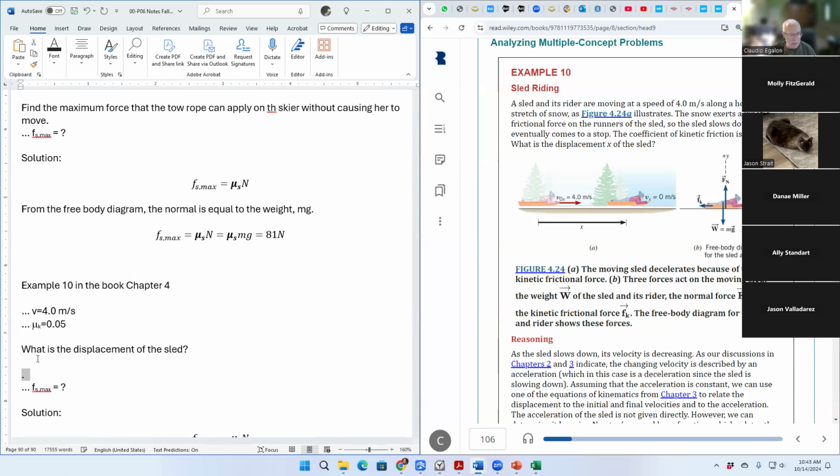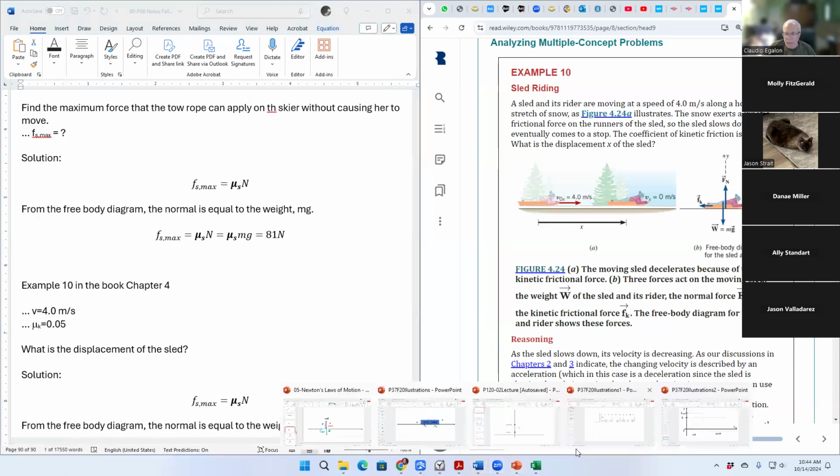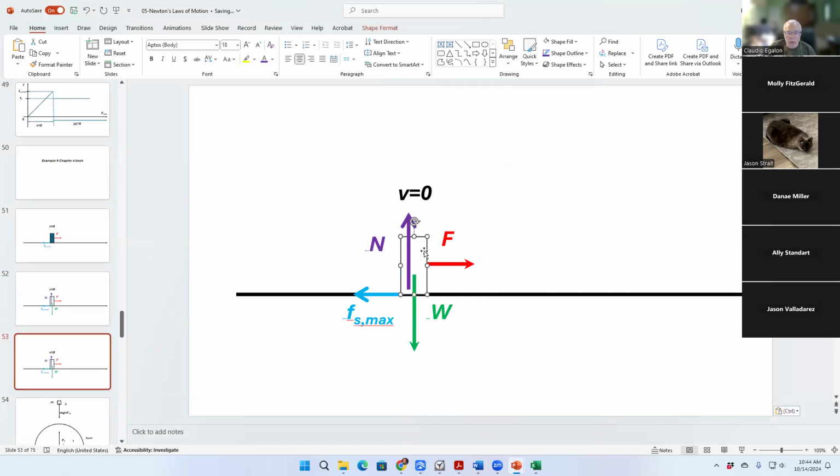Okay, remember we are dealing with force of kinetic friction, right? Let's go ahead and just like before, let's come up with our free body diagram. It's going to be slightly different because the guy is lying down, right? Let's put it like that.